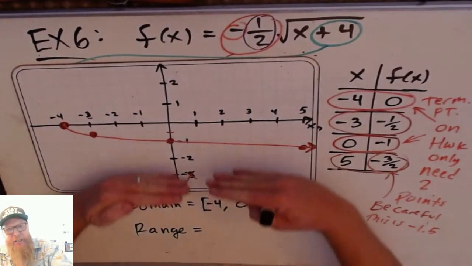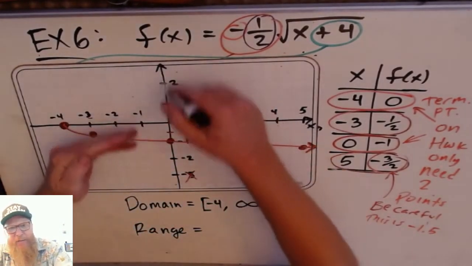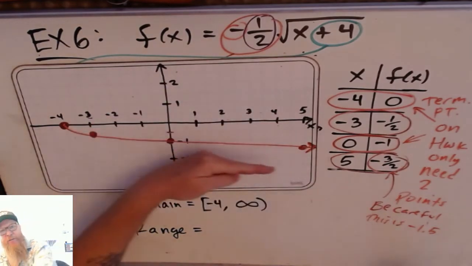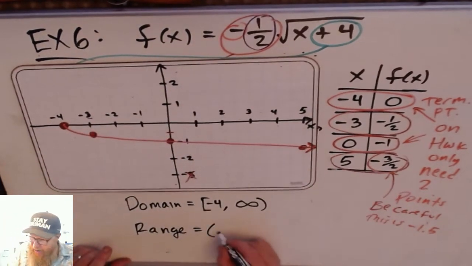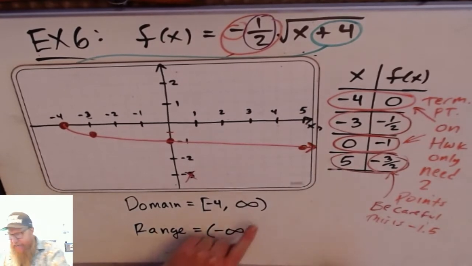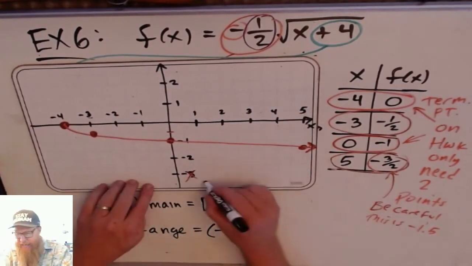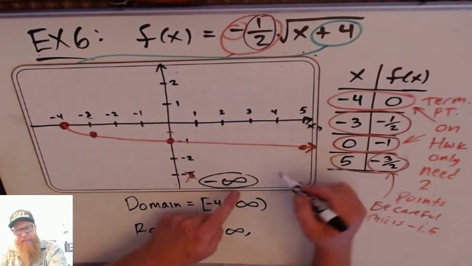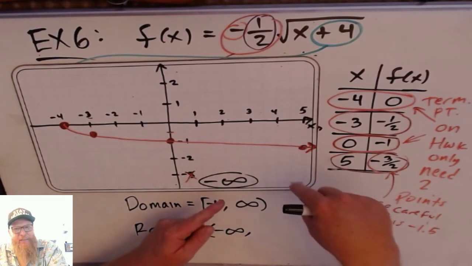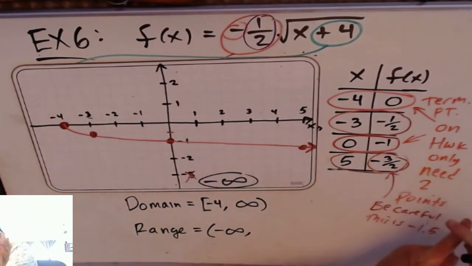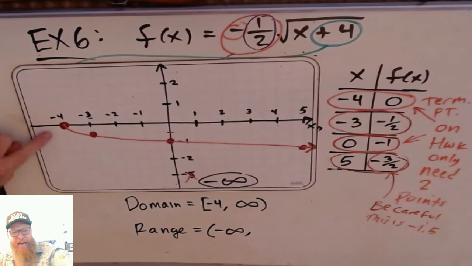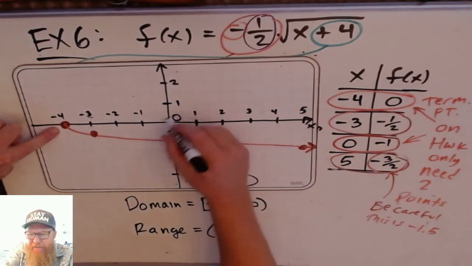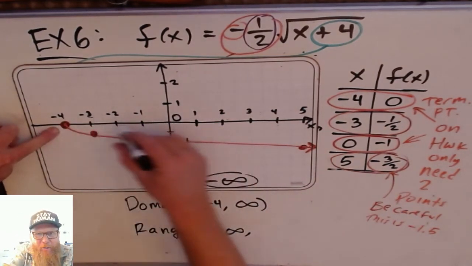The range is the y values, the up and down. So this arrow is going down to -infinity. Yeah, that's -infinity down here. That's where this is heading. Right? It's getting closer and closer and closer to -infinity. And then look at the y value at the terminal point.